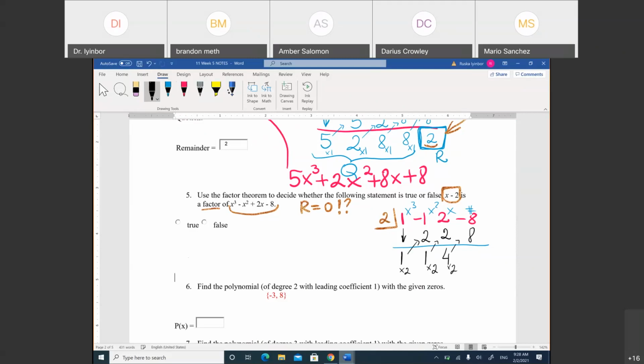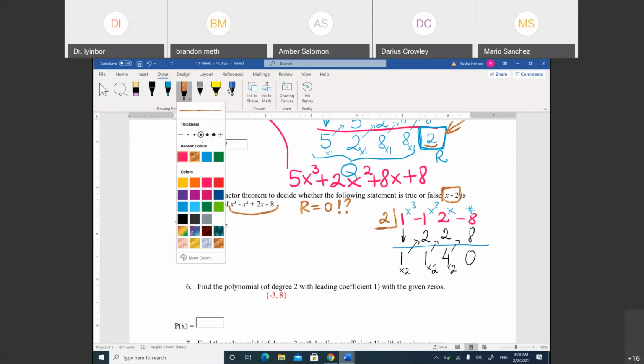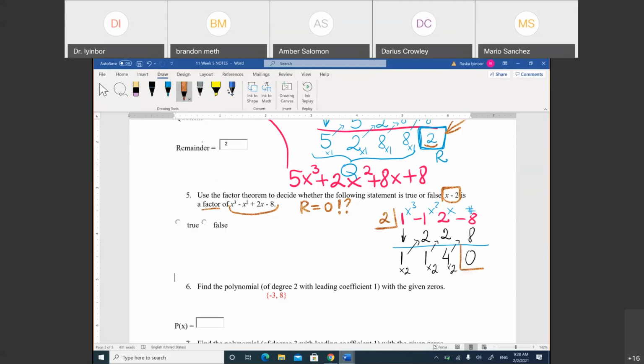And 8 minus 8 is going to be 0. So when you get remainder 0, what does that mean? The answer is yes. It's a factor, right? Okay, everybody understand that? So that's one way of doing it. We get remainder 0. That means x minus 2 is a factor.